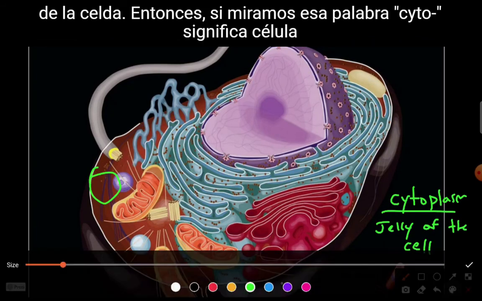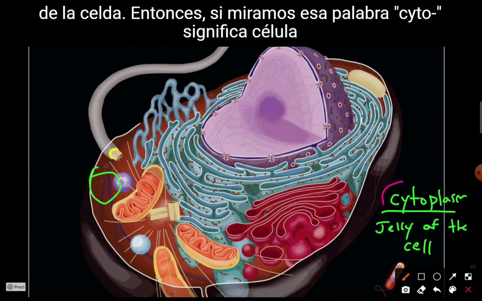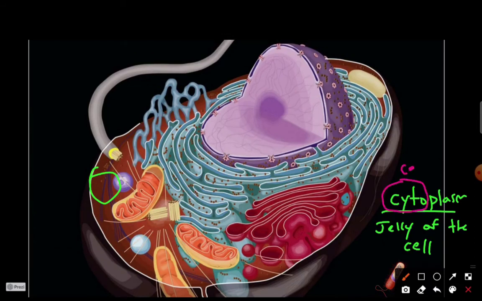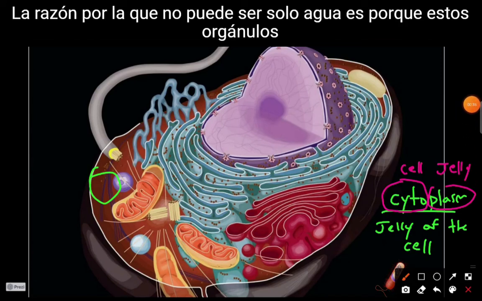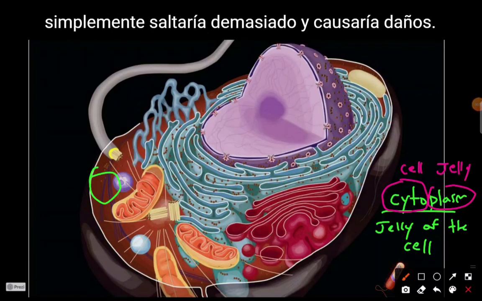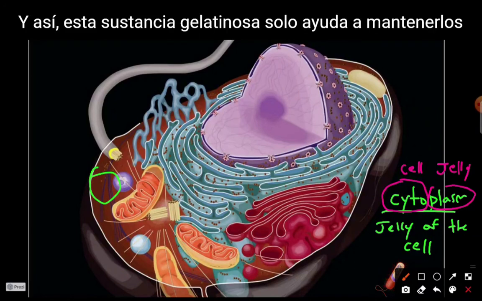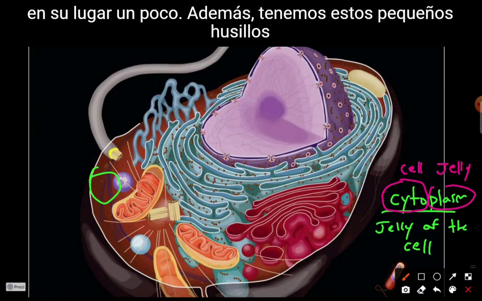And so if we look at that word, cyto means cell, and plasm means jelly. So it is cell jelly. The reason why it can't just be water is because these organelles would just jump around too much and it would cause damage. And so this jelly-like substance just helps to hold them in place a little bit.